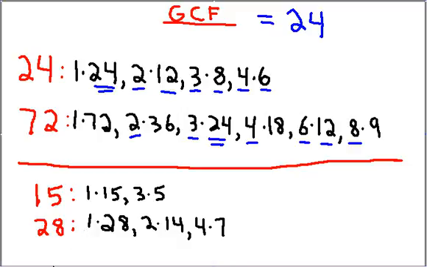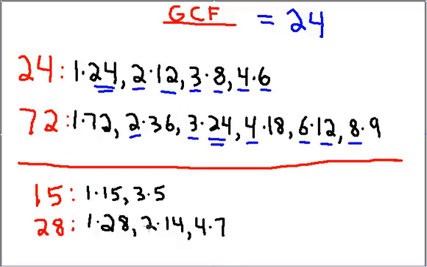Once again, let's start looking for common factors that are greater than 1. Well, 1 are common here, but once again, we're looking for the common factors that are greater than 1. Let's take a look here. The next greatest factor is a 3. Is a 3 a factor down here? No. What about 5? Is 5 a factor down here? No. And then lastly here, 15.